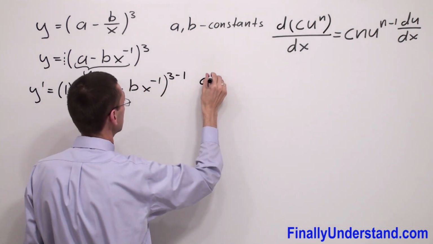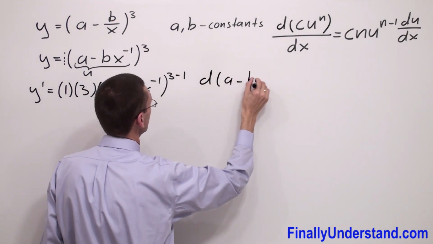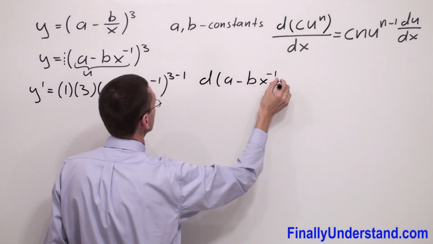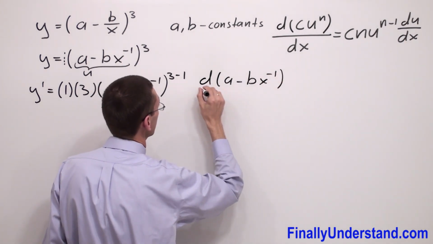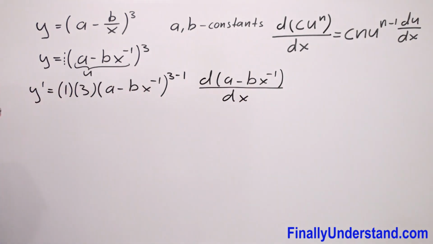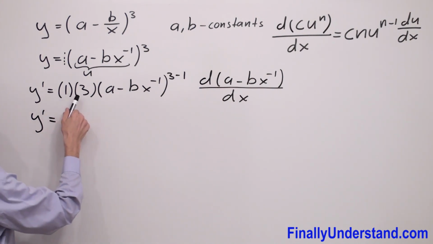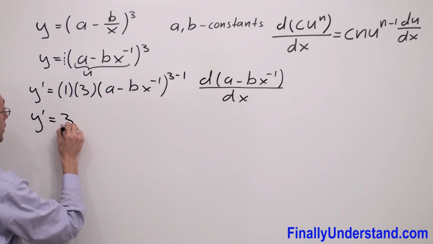I'm going to write the derivative of a minus bx to the negative 1 over dx. Okay, so next we write y prime: 1 times 3 is equal to 3.